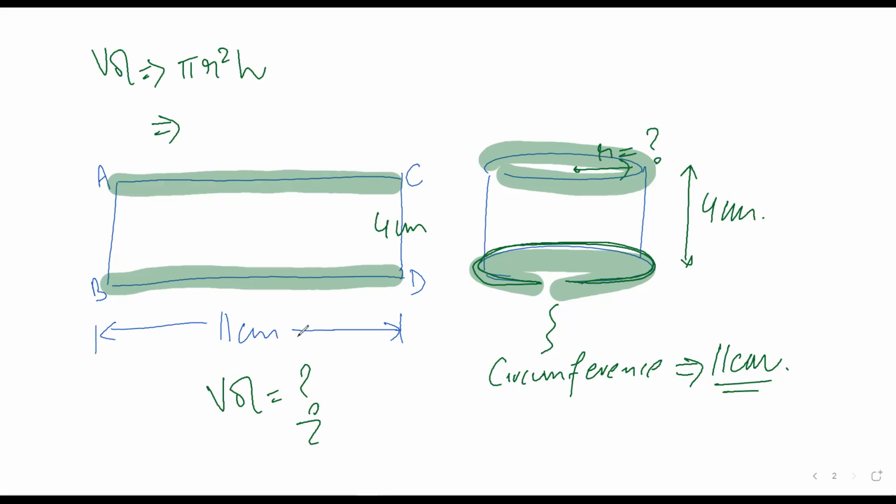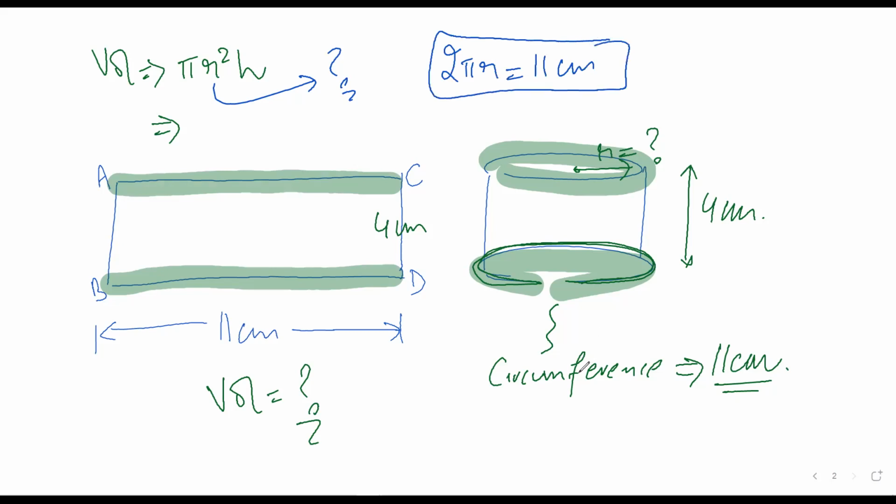Mr. Sarthak, how do we find R? Sir, 2 pi r equal to 11. 2 pi R is equal to 11. Mr. Satya, have you understood? Yes, sir. What have you understood?